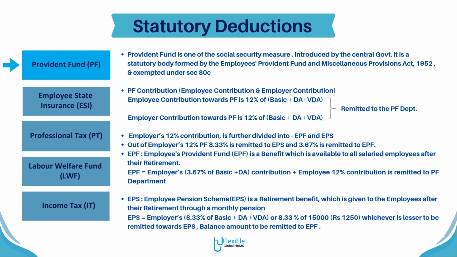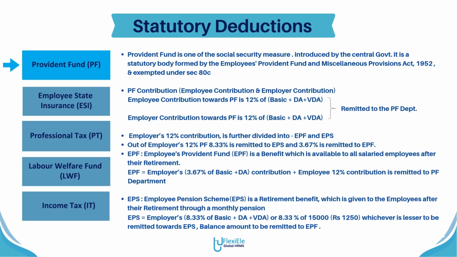Provident fund is not like any other deduction made from your salary. It's your silent financial partner working behind the scenes to secure your future. Your contribution every month is that you invest 12% of your basic plus dearness allowance plus VDA towards PF. Think of it as your financial support system. Let's move to the employer's contribution.